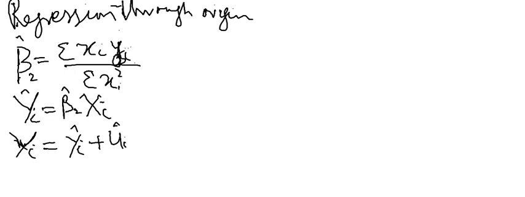and solve for the value of the error term: ui hat is equals to yi minus yi hat, and we just put the value of yi hat here, that is equals to beta 2 hat and xi.